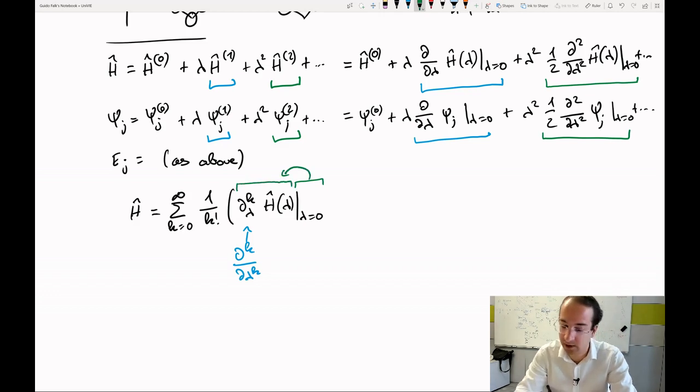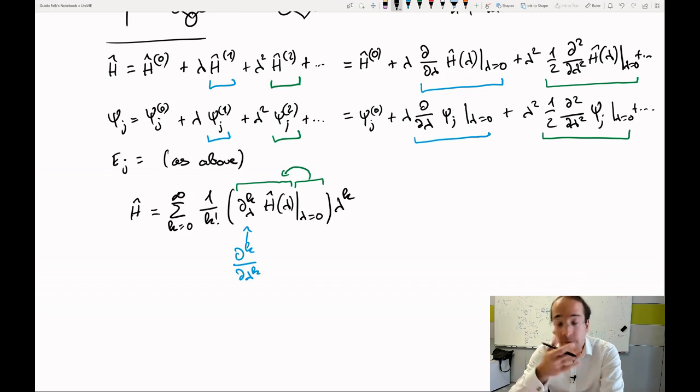So it's the derivative evaluated at that point, not only the Hamiltonian. Now, in the Taylor expansion, we still need lambda to the k. So you can do this for the Hamilton operator, and you can also do the same thing for the corresponding wave functions, the eigenvectors, and then later on the eigenvalues.